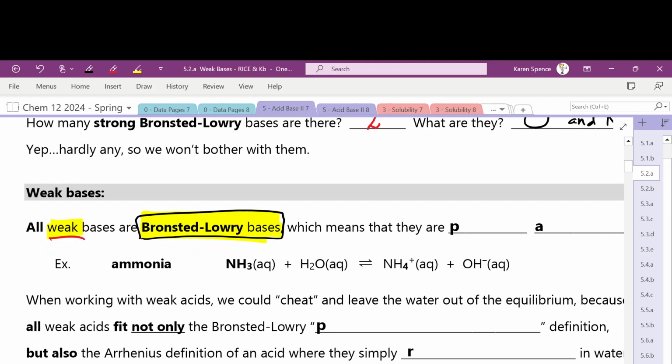Something that starts with P and then something that starts with A. Bronsted-Lowry has to do with whether you are proton acceptors, yes.